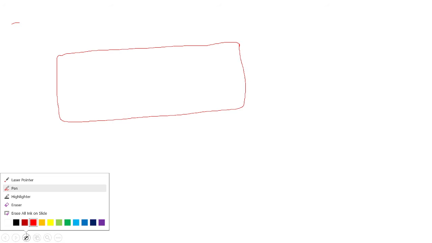Draw along with me, students. A rough structure of the prokaryotic cell. Now this is the cell wall. Now we will use different ink for drawing the plasma membrane.